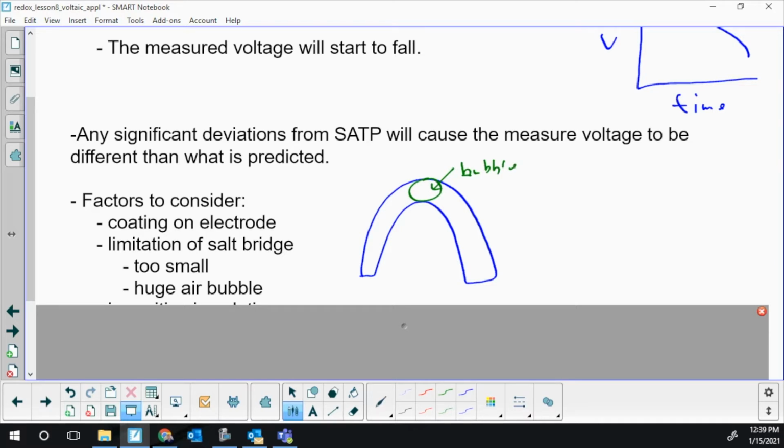If you're really sloppy making your salt bridge, you don't fill it all the way up, you flip it over and you get this huge bubble at the top that blocks the whole thing, or maybe it blocks 95% of the tube. You'll either read 0 voltage or a very tiny voltage if it's not totally blocked.